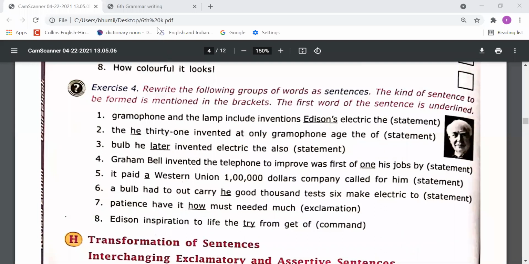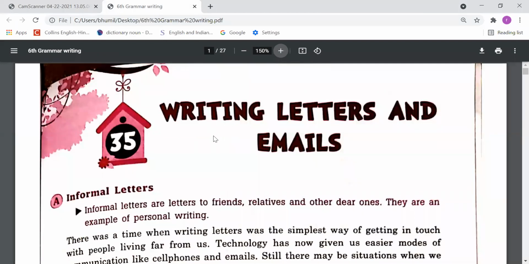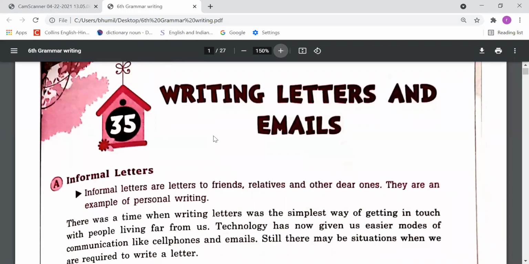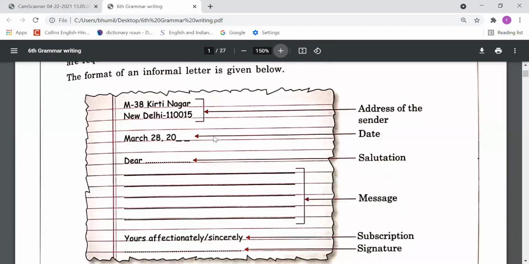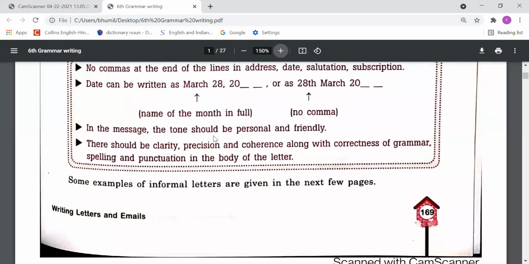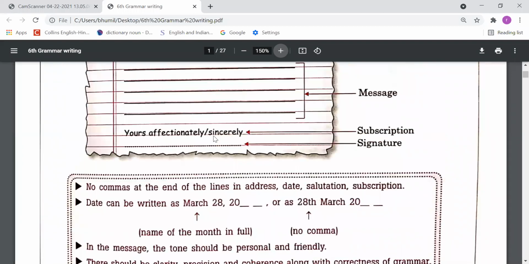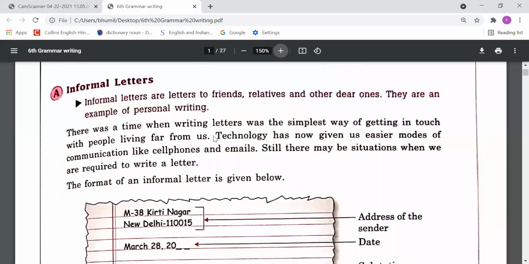Now I want you to understand some writing part. We are going to study letter writing and email writing. For this, open chapter number 35 of your grammar book and page number 169.